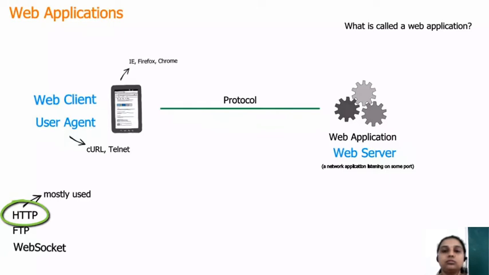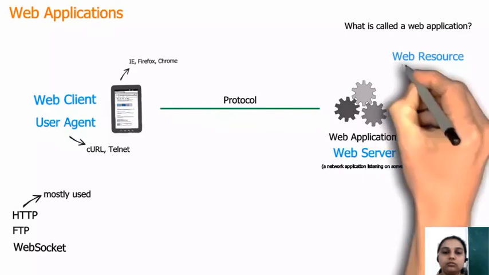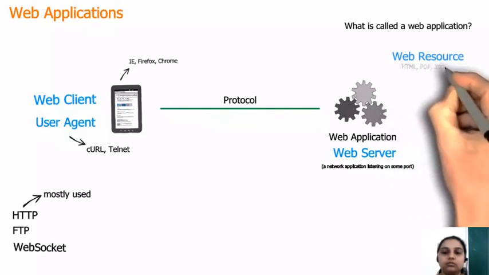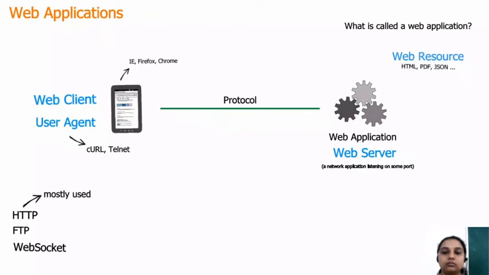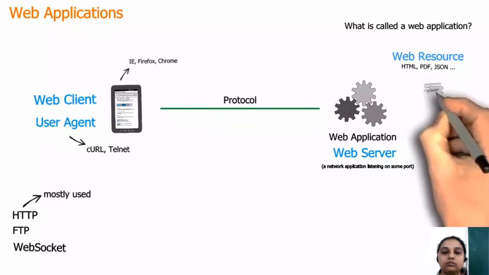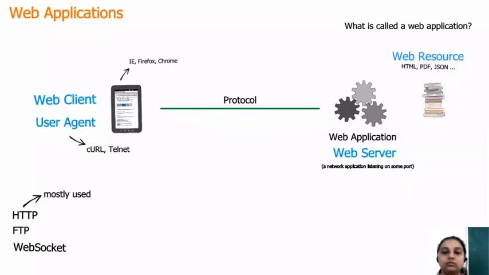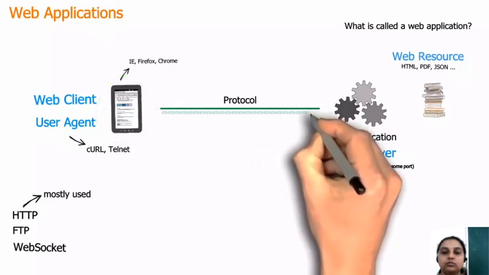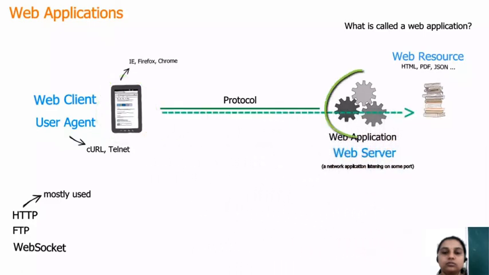To understand the HTTP protocol, let's start with what is called a web resource, or a resource as commonly said. A resource is a document, like an HTML document, a PDF document, a JSON document, an XML file, or any kind of document which is hosted by a web server, and which a web client can access through the web server.